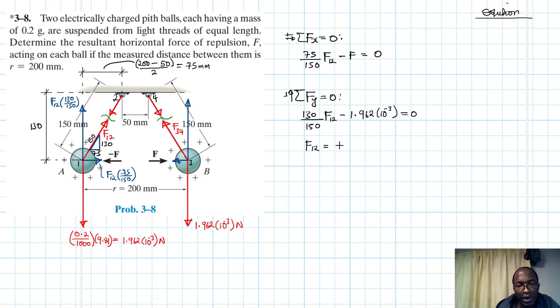Alright, so we have 2.26 times 10 to the power 3.